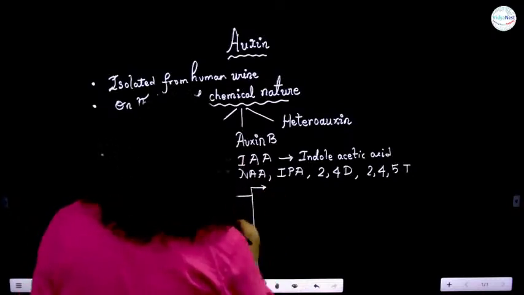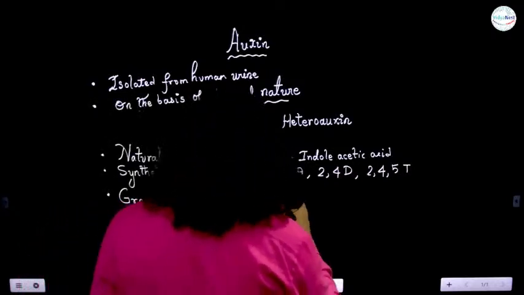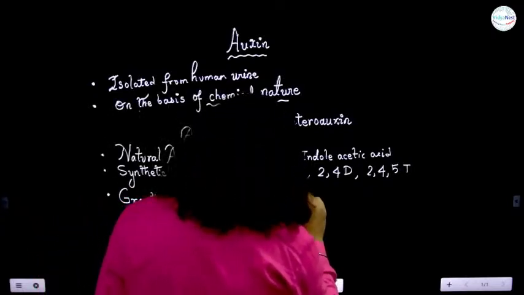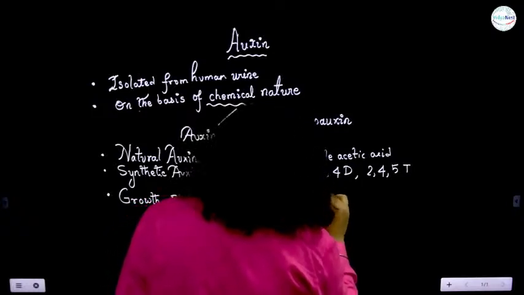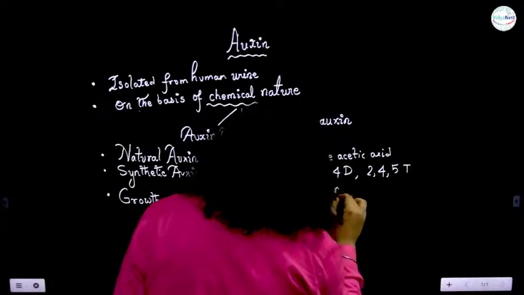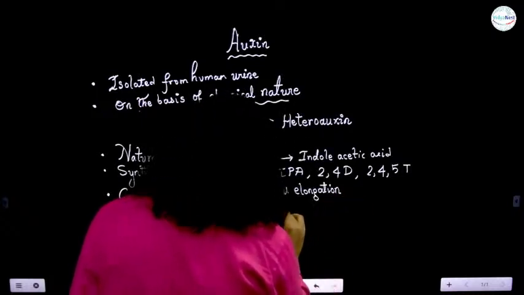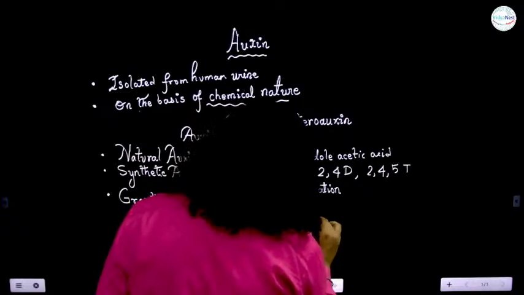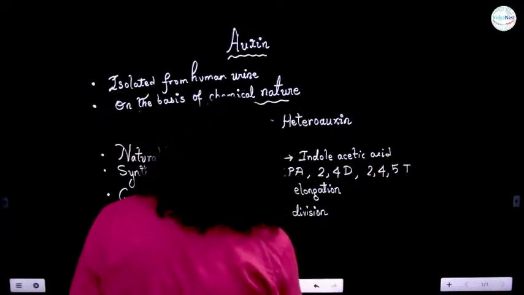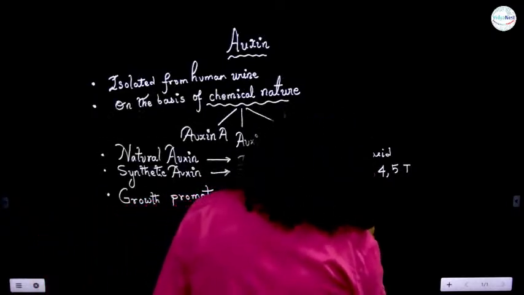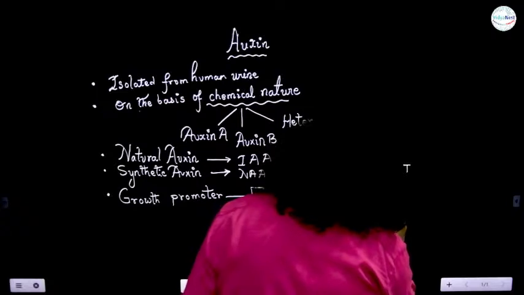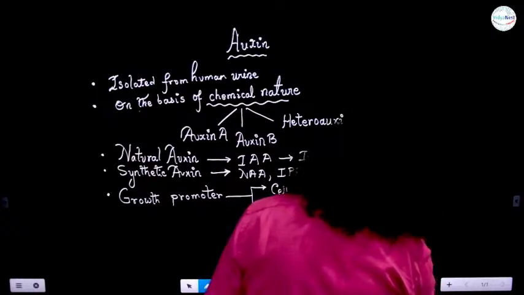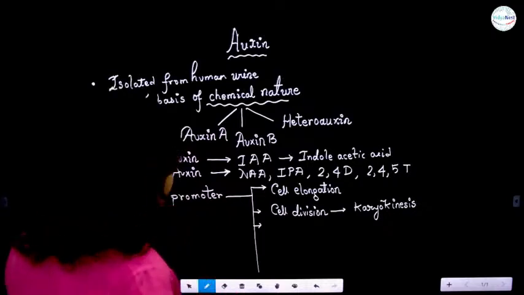First of all, it is responsible for cell enlargement, that is cell elongation, then cell division, which involves karyokinesis. Cell elongation, cell division.